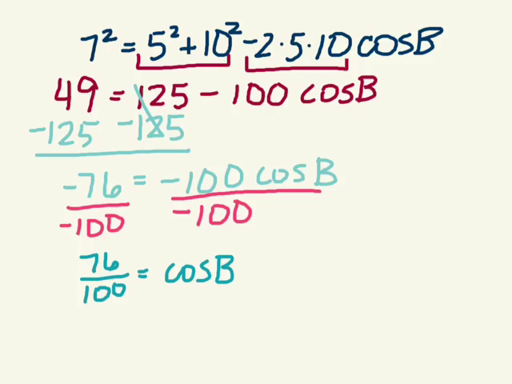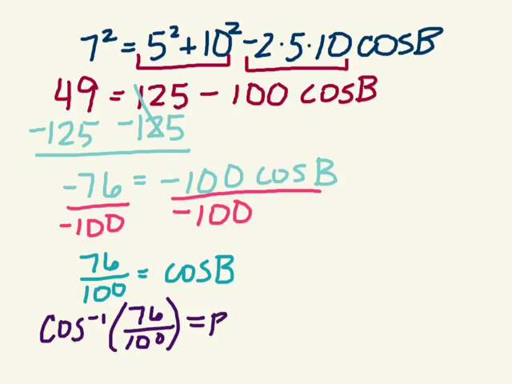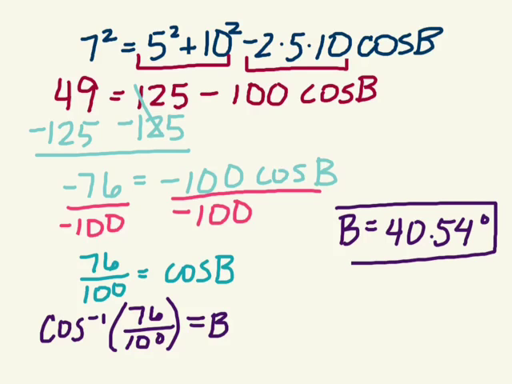And then use cosine to the negative 1 to get B all by itself. Put that in your calculator and make sure your calculator is in degrees. Just like we expected, B is a bigger angle than A, since side B is a bigger side than side A.